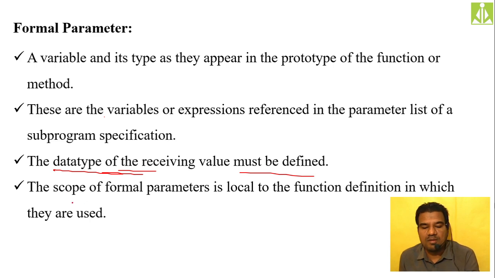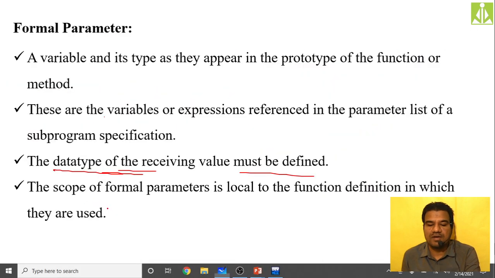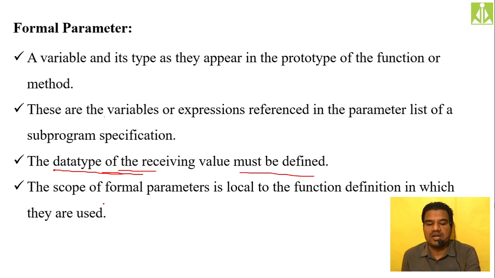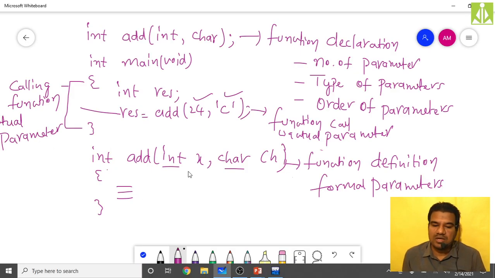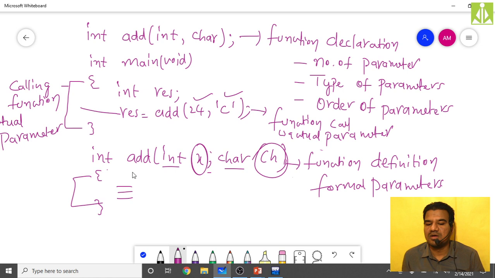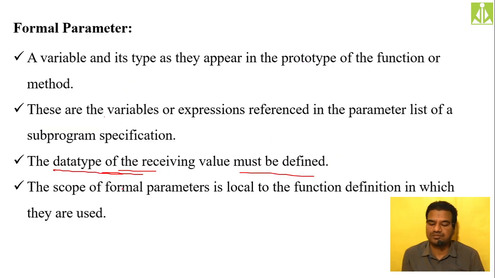The scope of formal parameters is limited to the definition of the function in which they are used. So here x and ch are my formal parameters, and their scope is limited to this block. Remember this one.